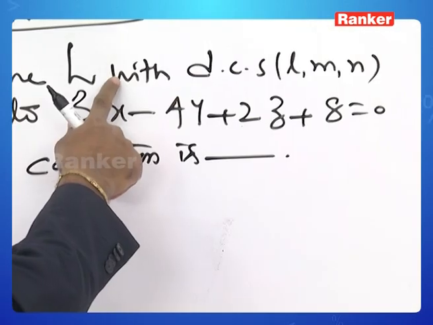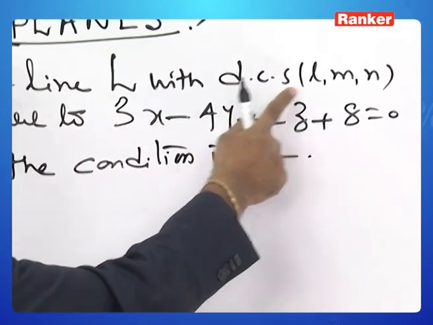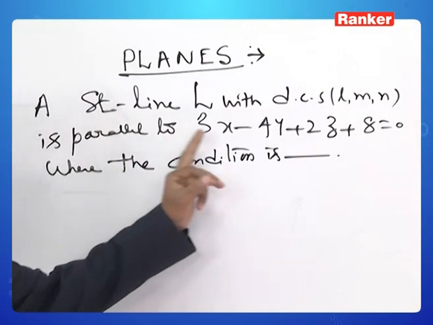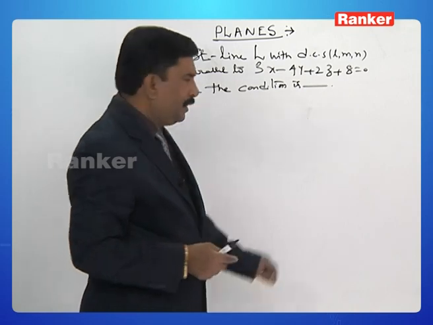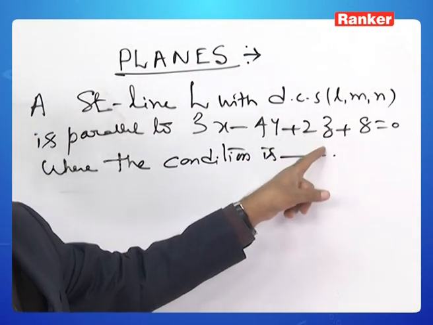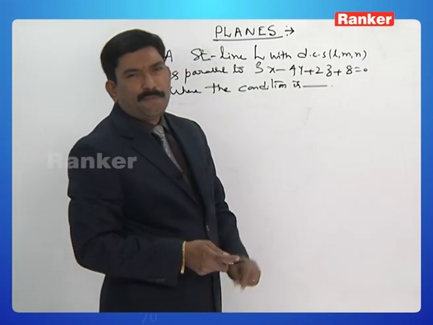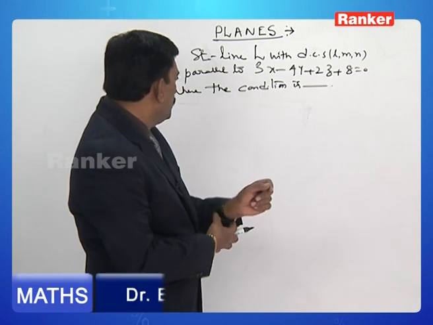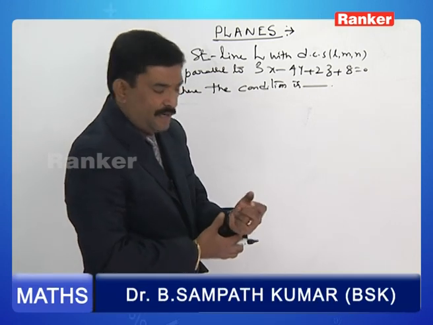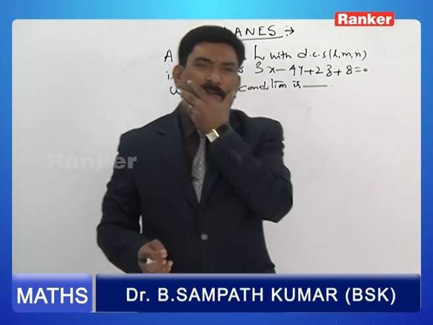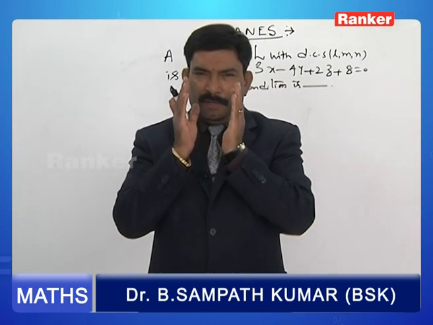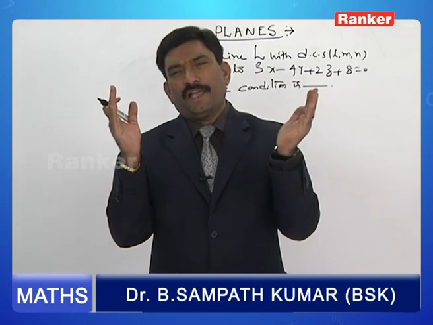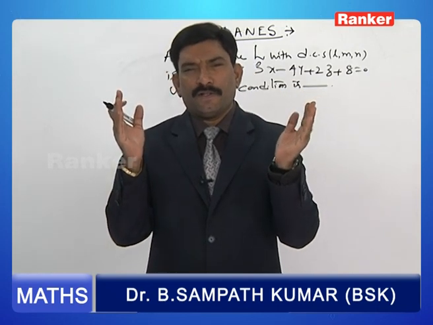This is a straight line L with DCs l, m, n, parallel to the plane 3x minus 4y plus 2z plus 8 equals 0, where the condition is dash. Look, the angle between the two planes is the same as the angle between their normals.